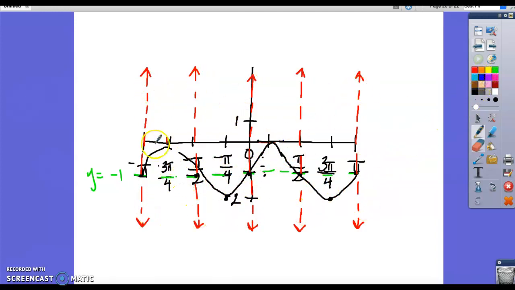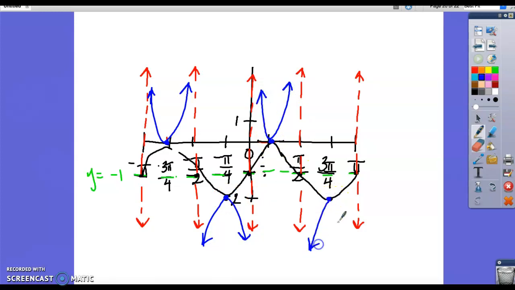Now to graph cosecant, everywhere sine touches its max, cosecant is equivalent to that. So those points are going to be the same. The max and min points are the same for sine and cosecant. Where sine has a max, cosecant has a min.